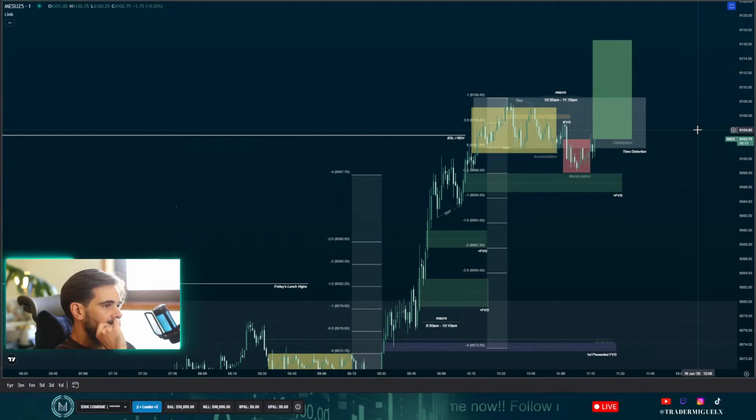Yeah, NQ is the stronger sister, with no doubt about it, while ES is trying to keep up.